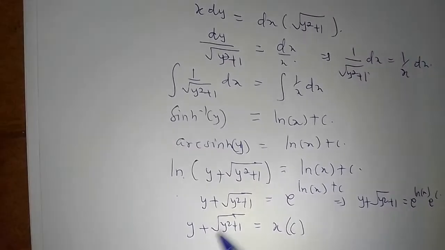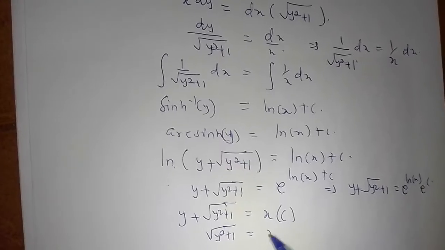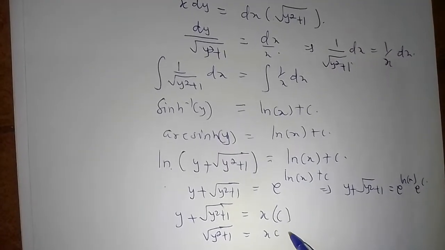So at this point, I'll move y here so that I'll get square root of y squared plus 1 to be equal to xc minus y.